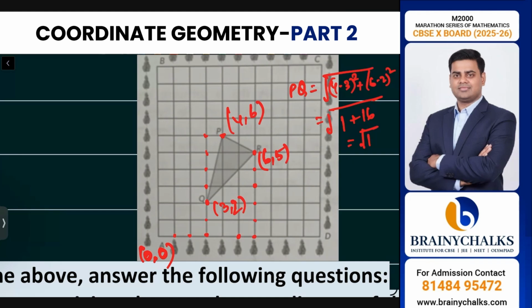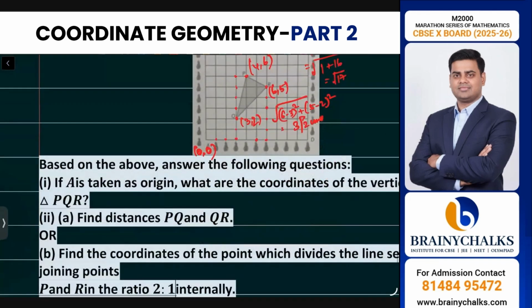Root 17 unit. What else do we need to find? QR. QR is root under 6 minus 3 the whole square plus 5 minus 2 the whole square. So 3 square 9, 9 plus 9, root 18. So 3 root 2 unit. So this is root 17 and 3 root 2 unit.